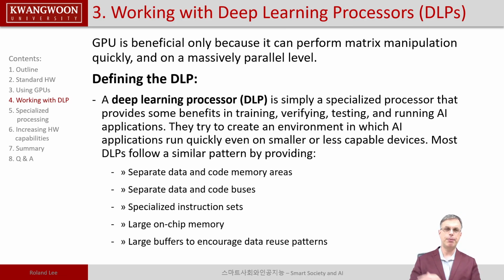However, a GPU is beneficial only because it can perform, as we already talked about, matrix manipulation quickly and on a massive parallel level. Otherwise, using a GPU can create problems as well.